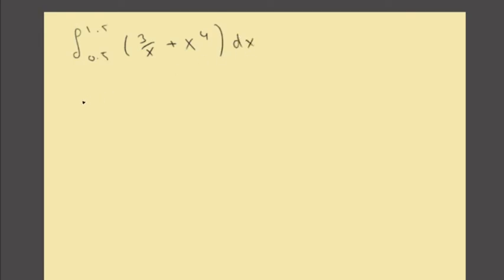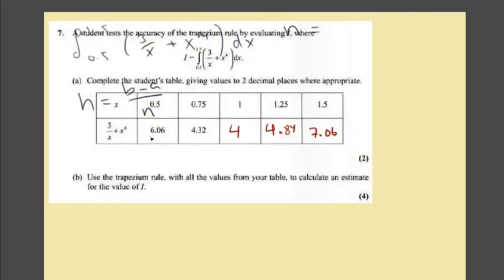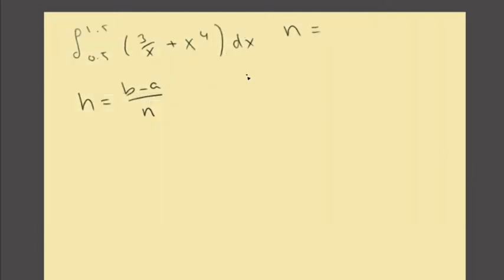So using the trapezium rule, as we said, h is equal to b minus a over n. We did establish that n was, according to this, 1, 2, 3, 4. n was equal to 4, so we do 1.5 minus 0.5 over 4, which will give us 1 over 4, which is equal to h.